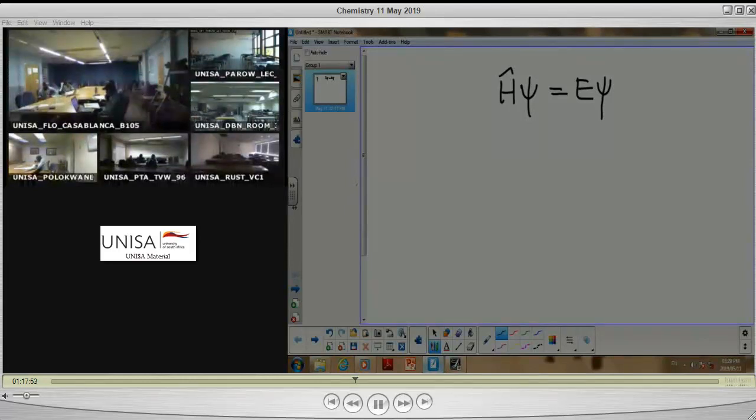Now, what we have here is the Hamiltonian. This form here is called the Hamiltonian form of the Schrödinger equation.